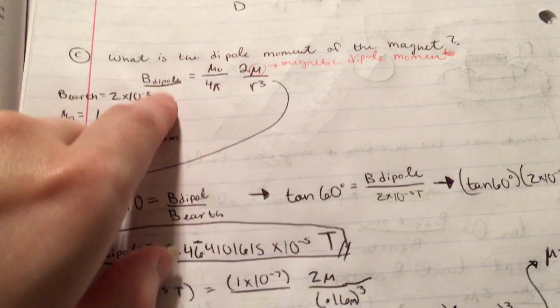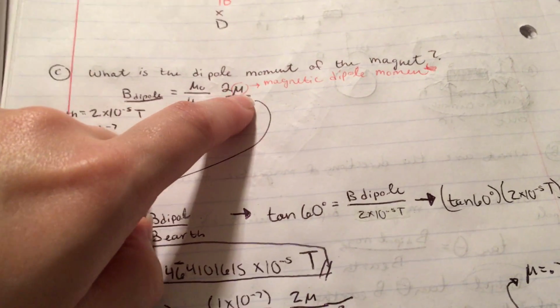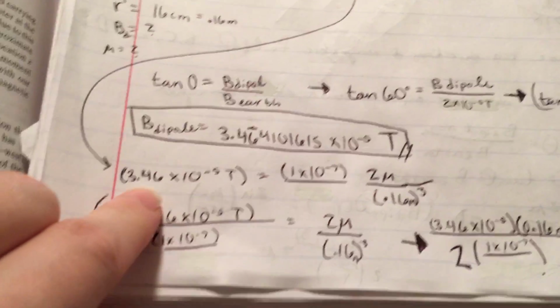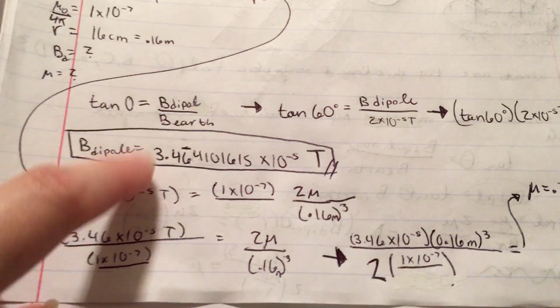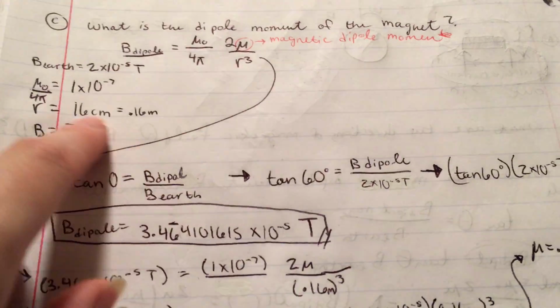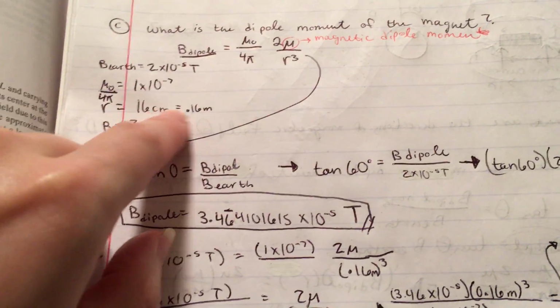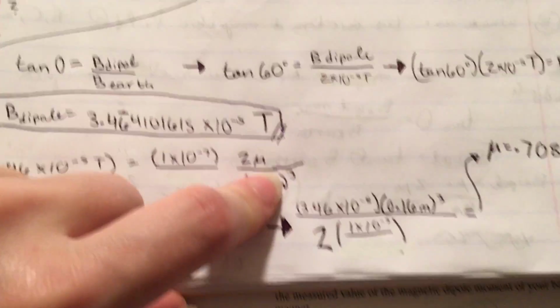So now that I have the B dipole, all I have left is solving for the magnetic dipole moment. So I go ahead and bring this equation down and I plug in my values. Here's my magnetic field for my dipole, my mu naught over 4 pi, and then I have my 2 times mu and my r cubed, which is my 16 centimeters, which I converted to meters.